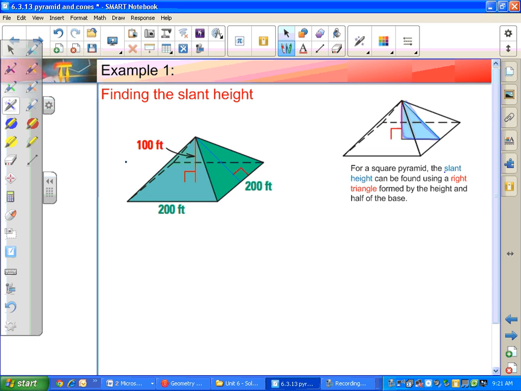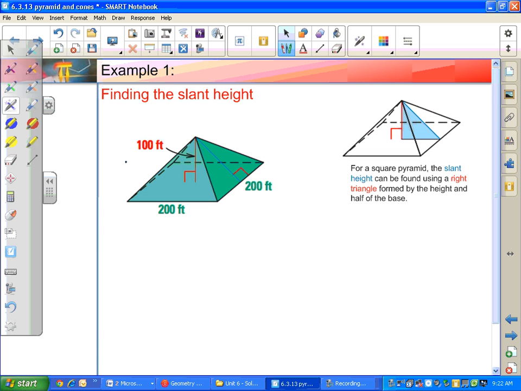So for any square pyramid, the slant height can be found using a right triangle that's formed by the height and half of the base. So here's the height, and then this segment here is going to be equal to half the length of one of the sides of the base. So we're making this right triangle, and then this little segment right over here is the slant height.